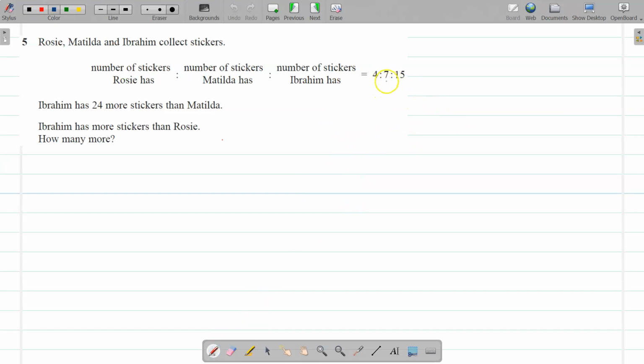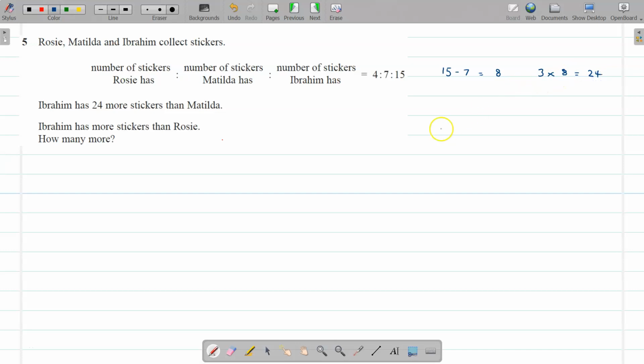Okay, well, Ibrahim has 24 more than Matilda. So what I'm going to do here is recognize that the difference between those two is 8. So 15 minus 7 equals 8. But I want the difference between those two to be 24, which is 3 times as much. Okay, I'm just going to write that down here. 3 times 8 equals 24.